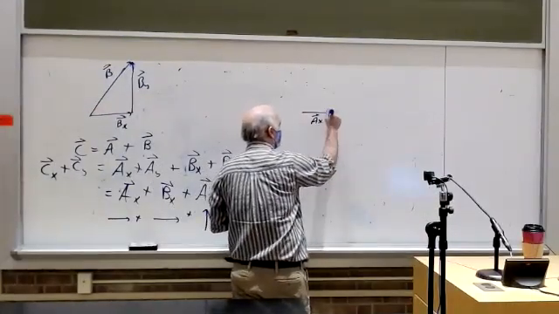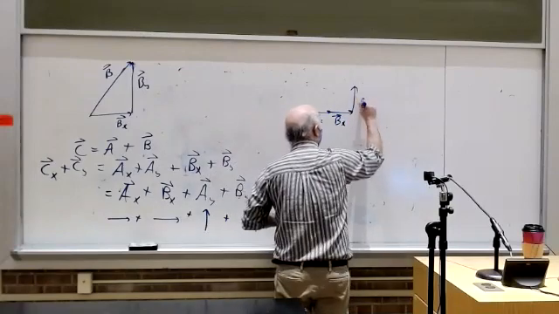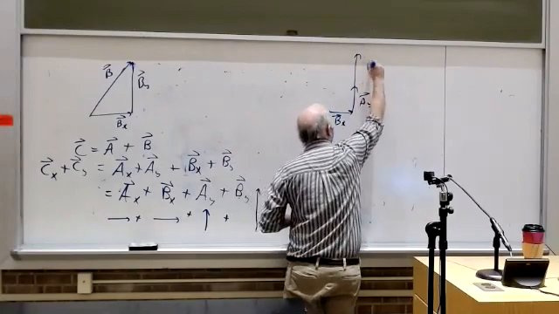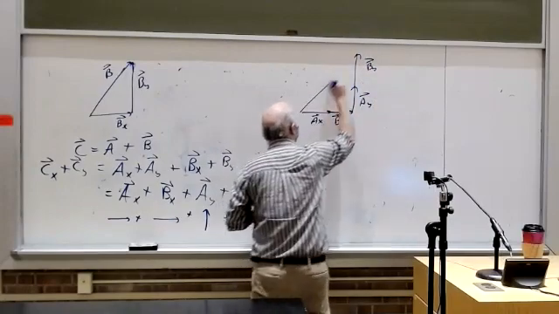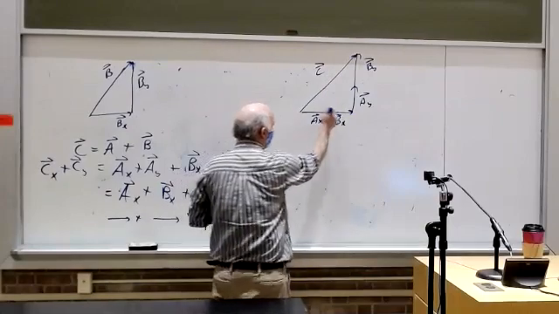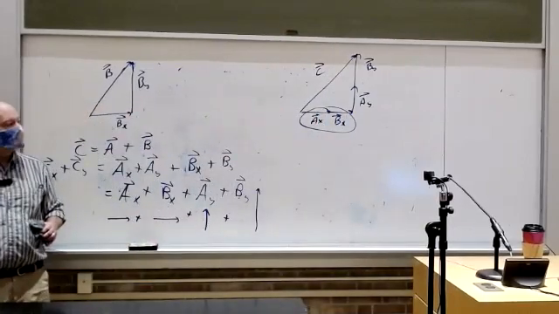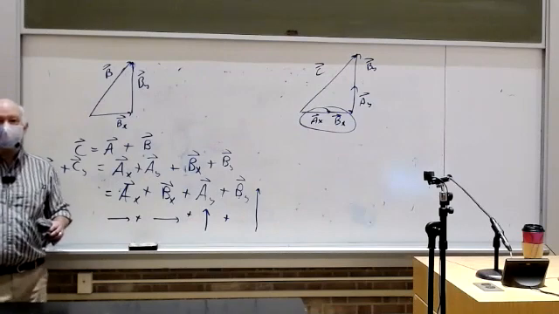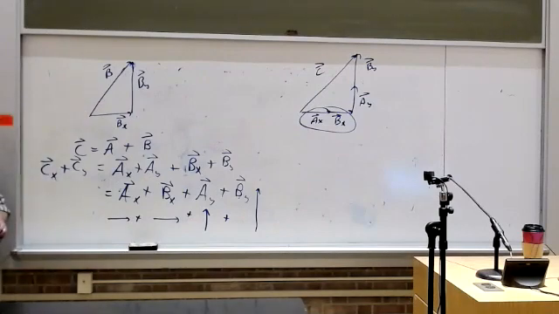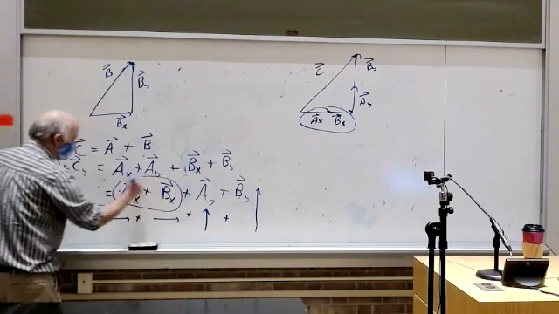AX, BX, AY, BY here, and then this has to be C. But then what does that make this? That has to be my friend CX. So this here has to be this.